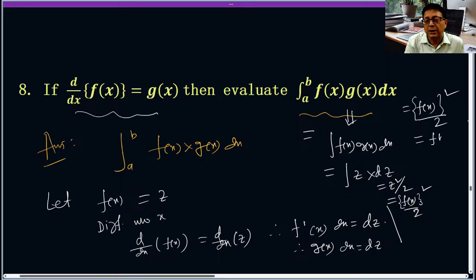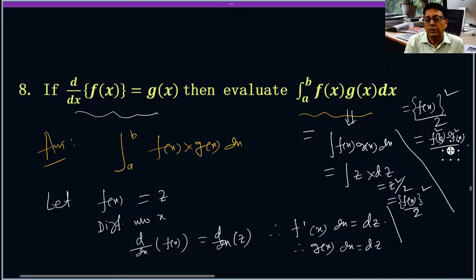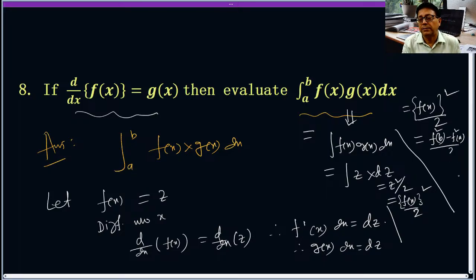That is fb square minus fa square by 2. Okay? Finished? This way. So today up to this, now you practice.